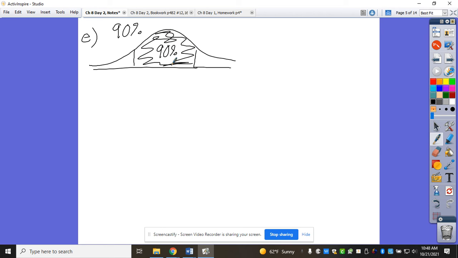What do I do with 90%? 100 minus that, which means I'm left with how much? 10. What do I do with my 10%? So in this tail is 5%, which is 0.0500.